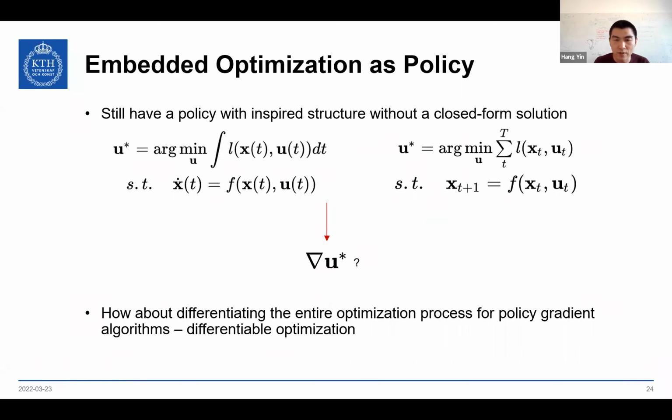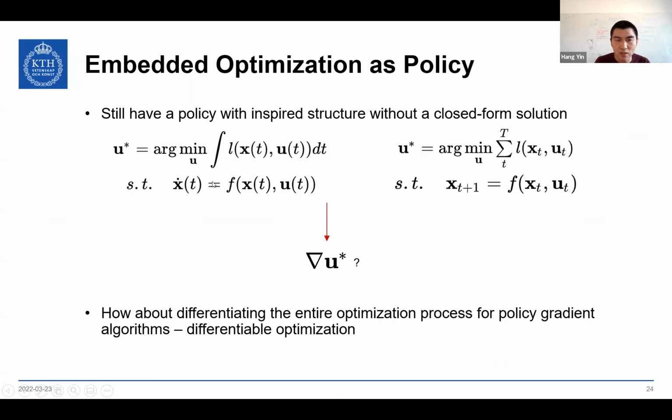Because there's a trending topic, the so-called differentiable optimization. Eventually you solve some optimization problem, you follow some gradient steps, and these can still be represented as a computational graph, right? So if you use automatic differentiation or some smarter techniques, which I'm not going to talk about, you can still get the gradient of the solution of your optimization.